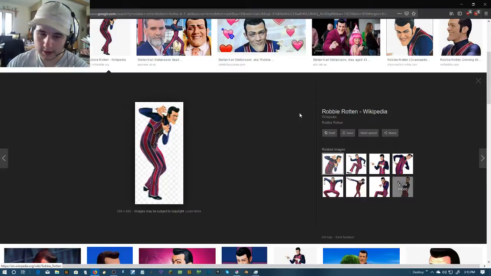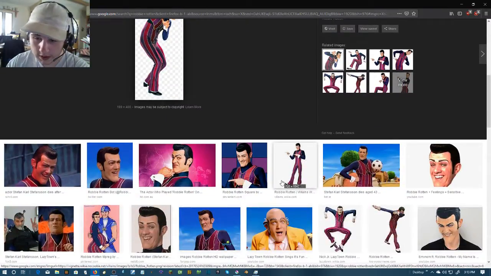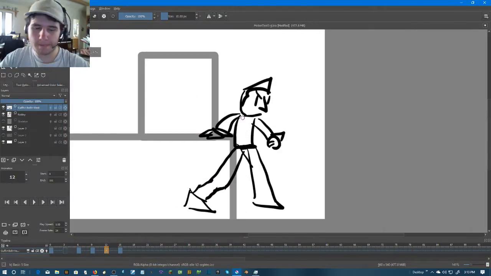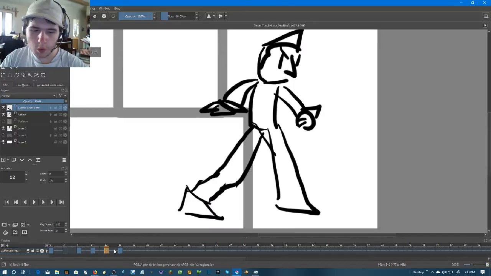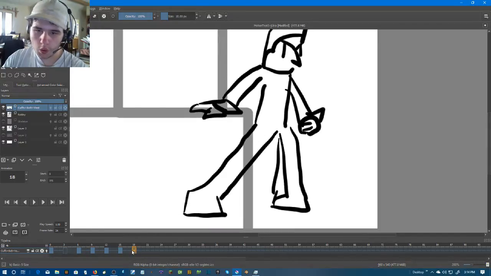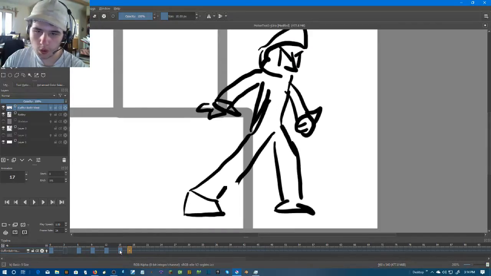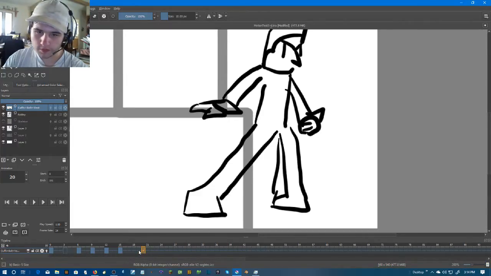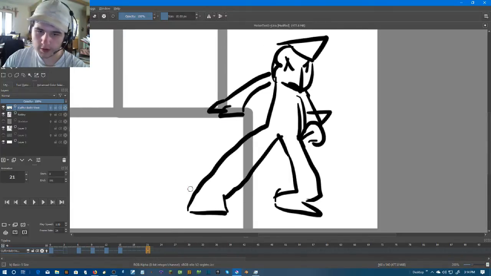Let's see. Yeah, so it doesn't really have a belt. Dang it. Create blank frame.